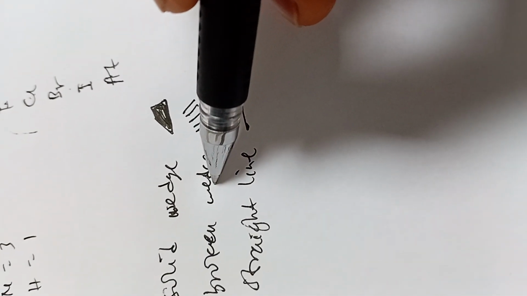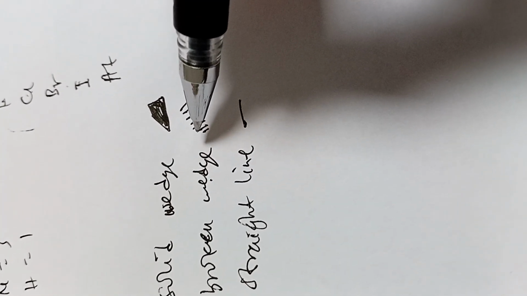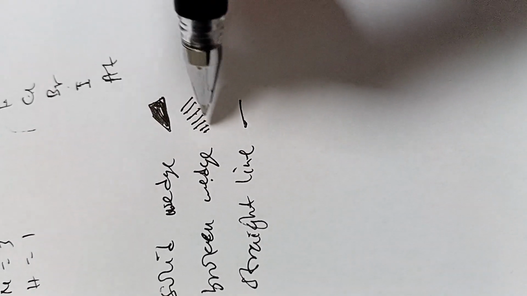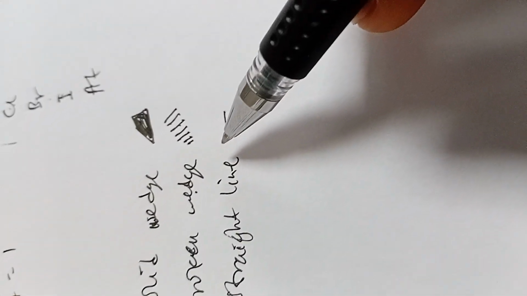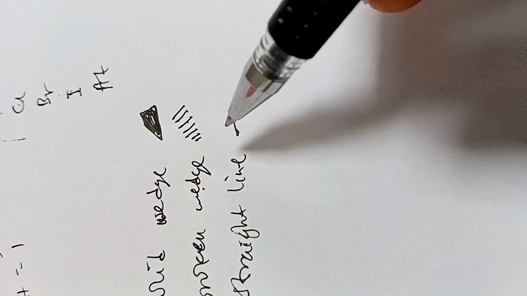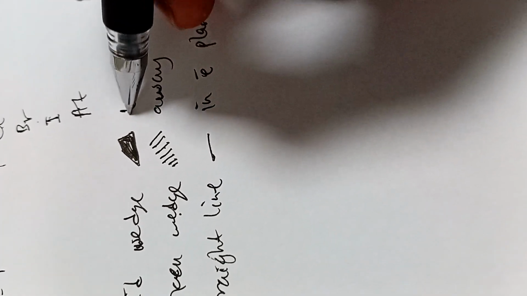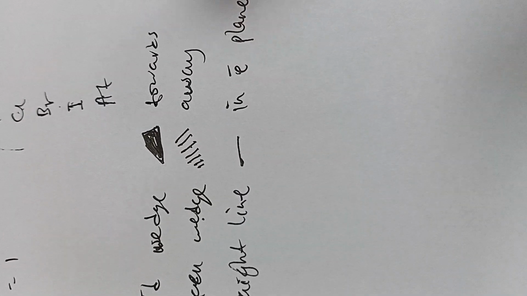But the broken wedge is a bond that is pointing away from you. You are the observer, so it's pointing away from you, or it is pointing where? Behind the plane. And the straight line, we said it is in the plane. Someone can also say out of the page. It's the same thing.